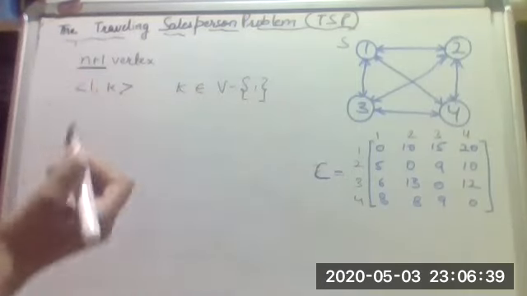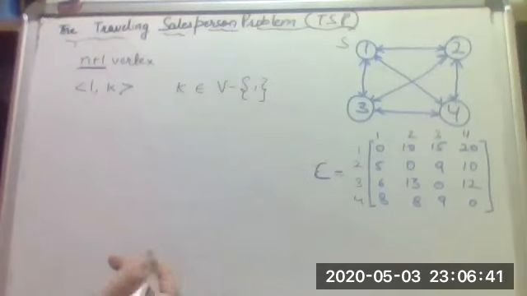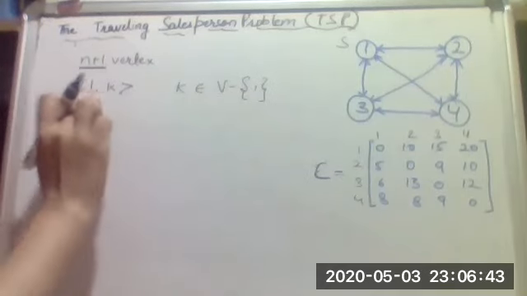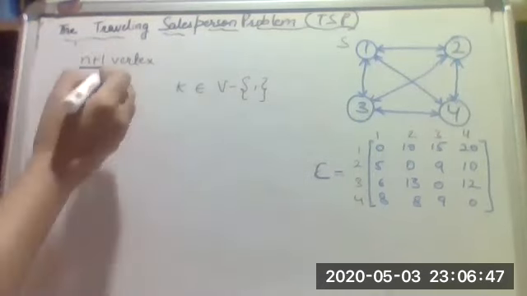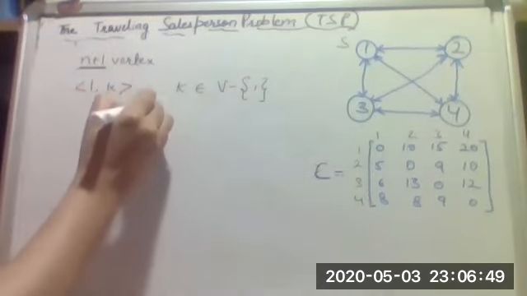So every tour has an edge 1k and a path from vertex k to 1.